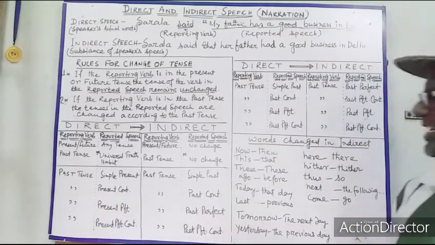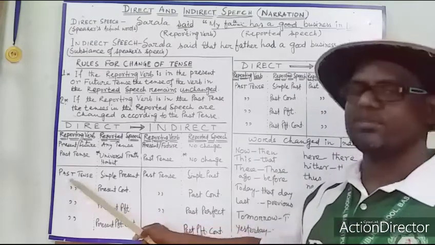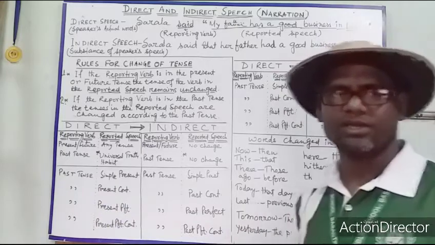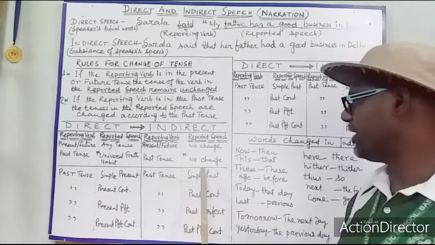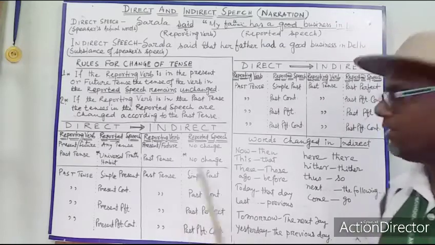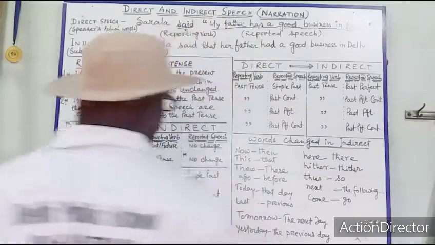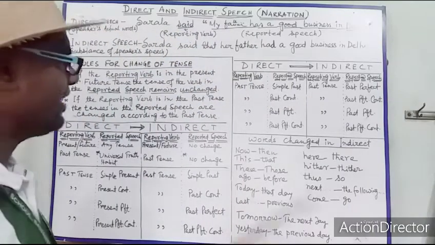That means just you need to change present into past, because the reporting verb is given in the past tense. So verb in the reported speech will be also in the past tense. Okay, so this is very simple. Now coming to the next part. This is a little bit different.